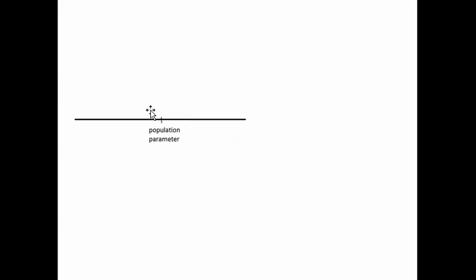When we calculate our sample statistic to estimate the population parameter, it is going to fall somewhere along this number line. It probably won't be exactly equal to the population parameter because hardly any sample statistic is perfectly accurate. But it'll fall somewhere along this range of possibilities.